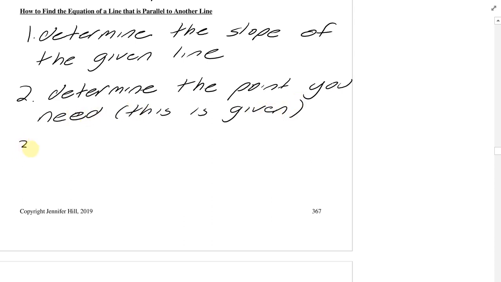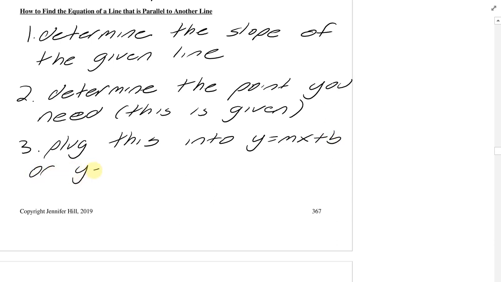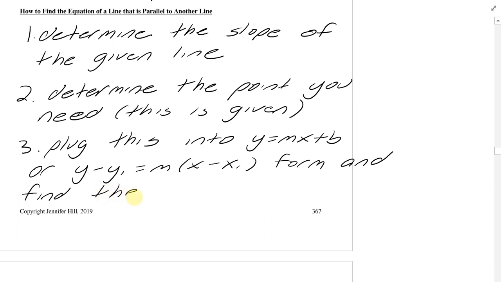And after you have those two pieces of information, then you can plug this into your y equals mx plus b, or y minus y1 equals m times x minus x1 form, and find the line. So these are the general steps. In general, you always need a point and a slope to write any line. All we're doing here is making it just slightly harder to find the slope.